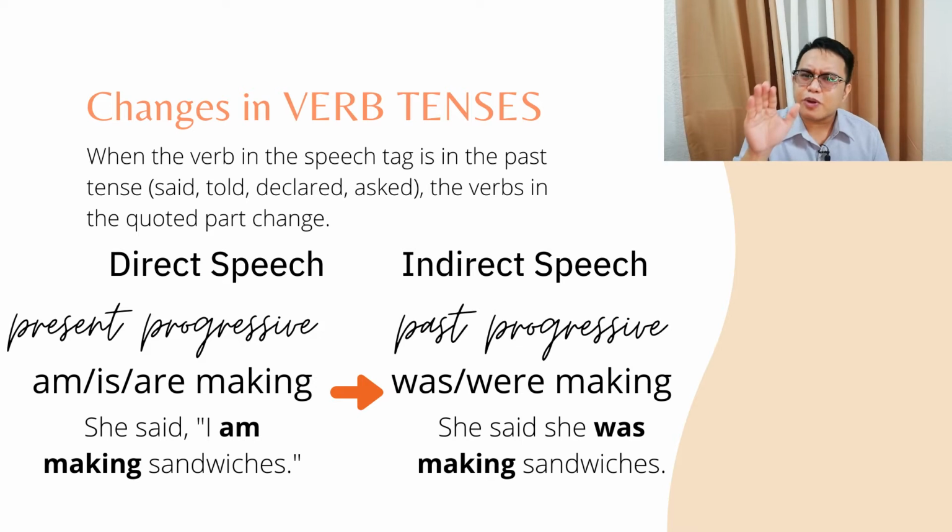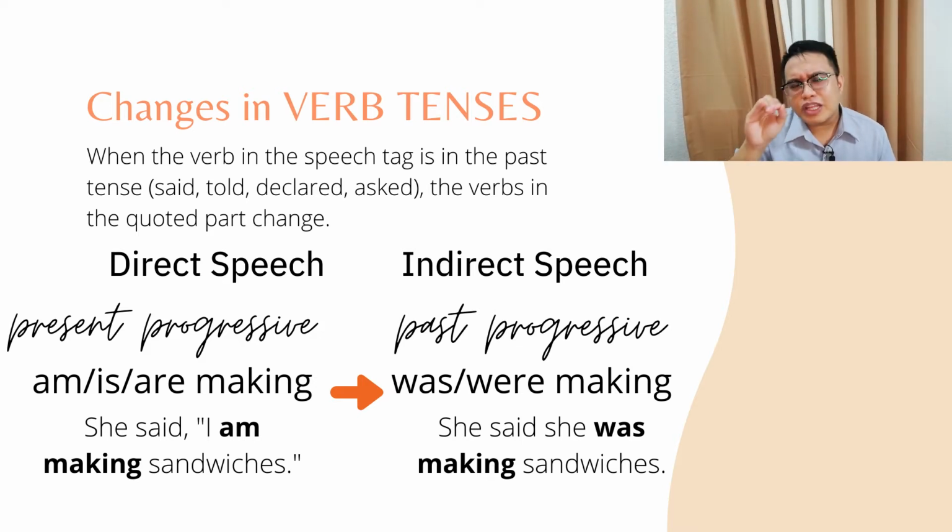Now, from present progressive, we convert that one, ato na nato sa indirect speech, we go to the past progressive. And the past progressive is like this, was or were, and then the ing form of the verb. Okay? So, was and were, and then the ing form of the verb. Let's see our example. She said, I am making sandwiches.